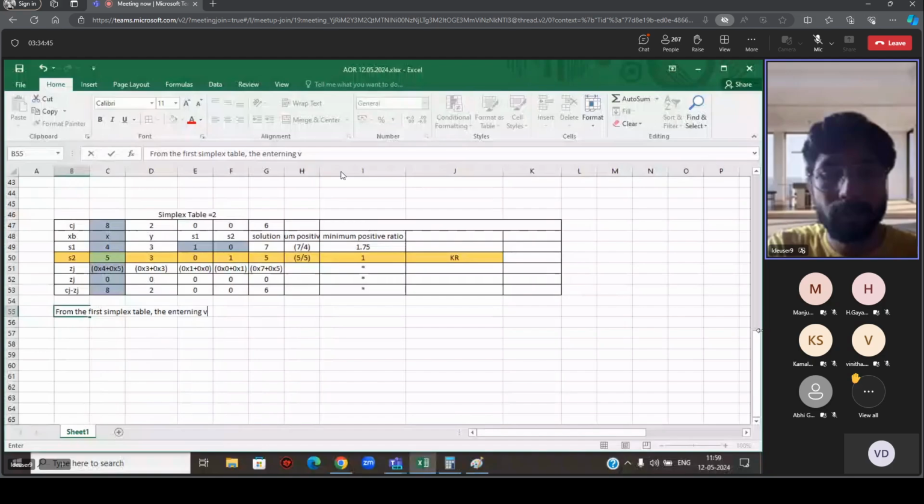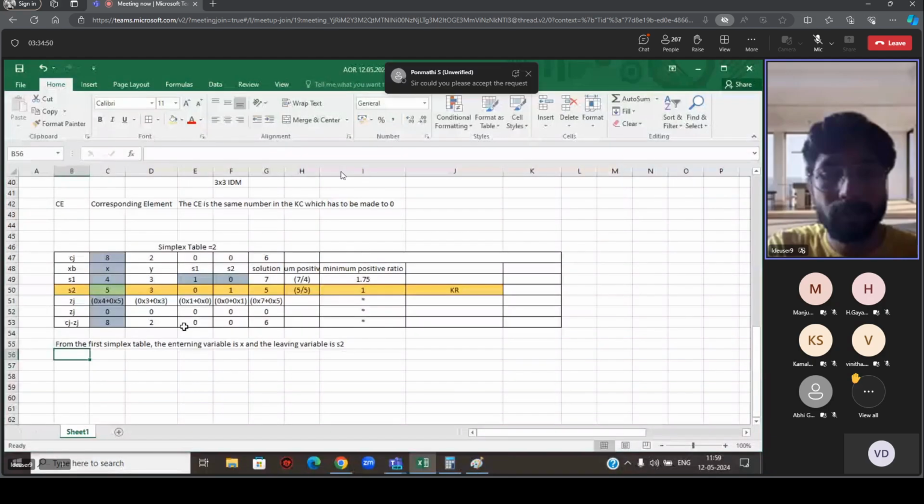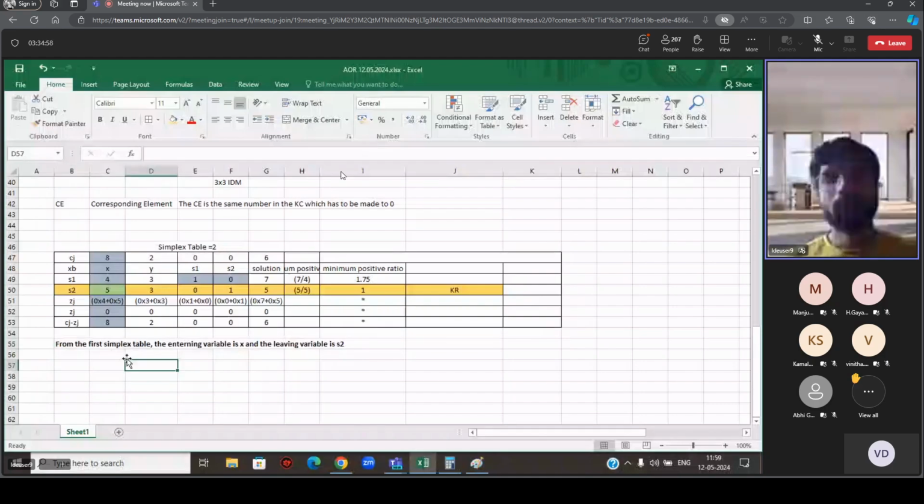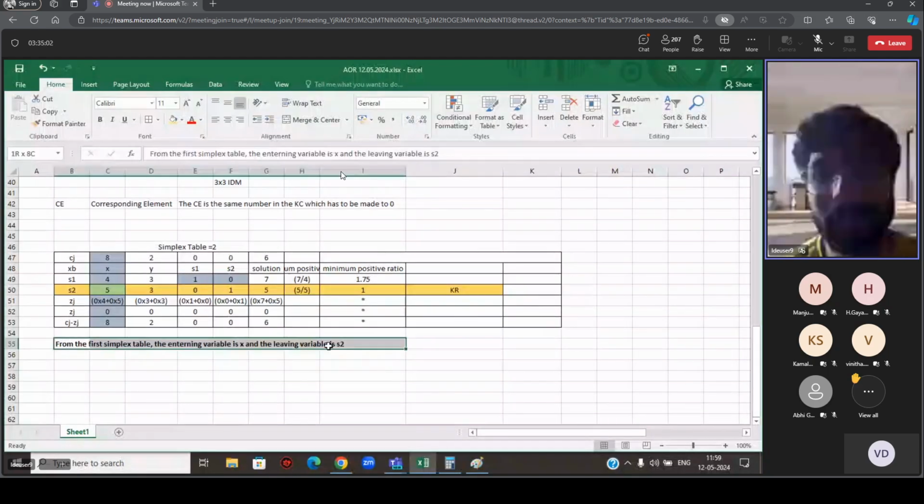You see that S2 is leaving and X is entering. This is very important. You have to write this. So when you are moving from the first simplex table to the second simplex table, you have to write: from the first simplex table, the entering variable is X and the leaving variable is S2.